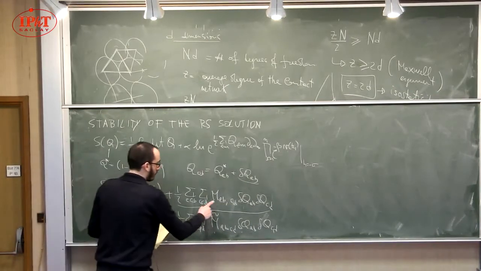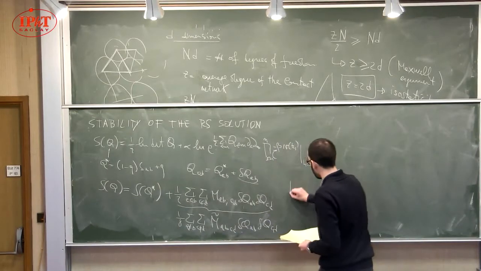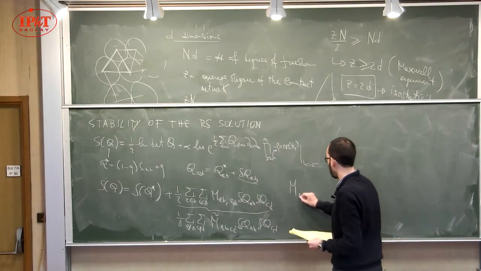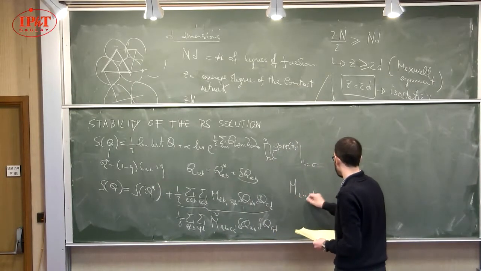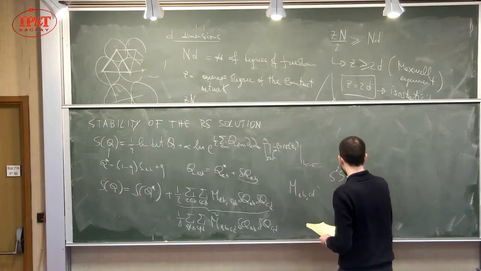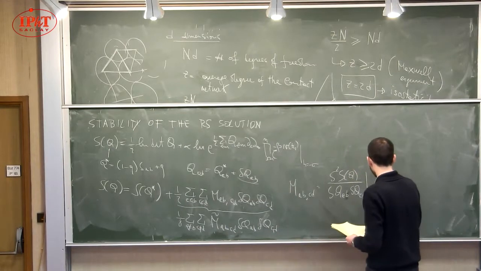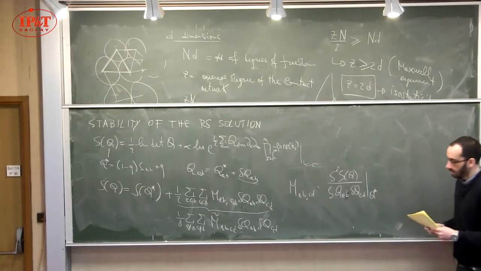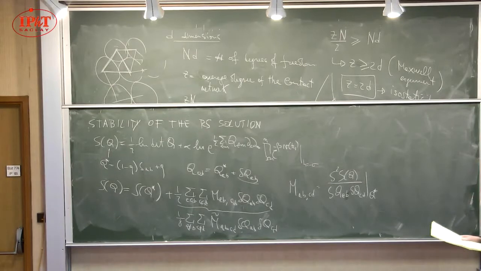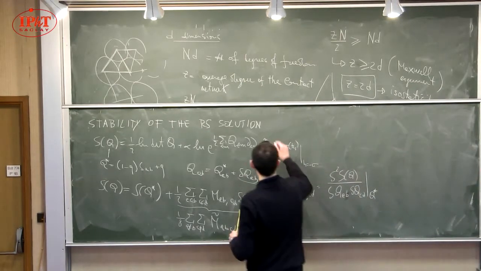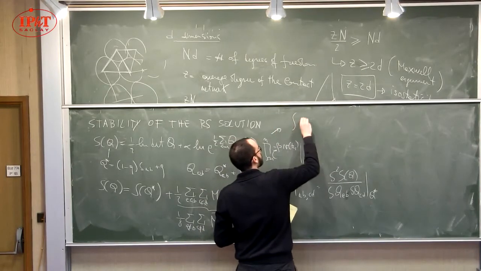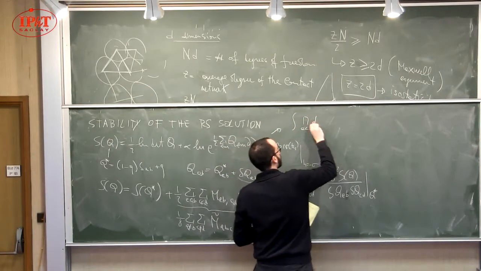And this operator is what? This M_AB,CD is just computed at the saddle point solution. Remember that we had to compute this.